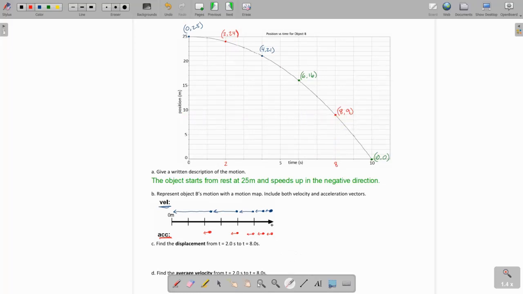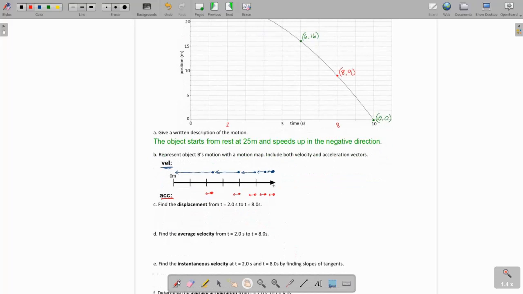So in order to find displacement, remember that displacement is delta x, which is the final position minus the initial position, which in this case is going to be 9 meters minus 24 meters.